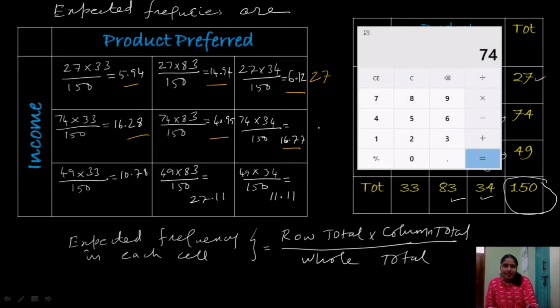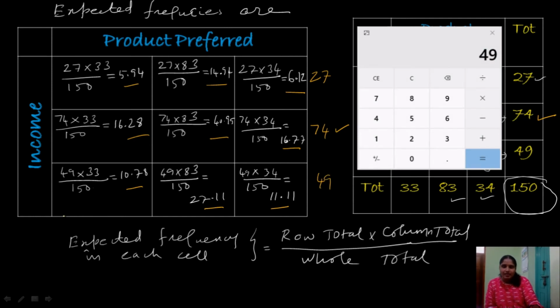So this row total value also coincides with the observed frequencies row total. And also, let me now add the third row. 10.78 plus 27.11 plus 11.11, we get the total as 49.